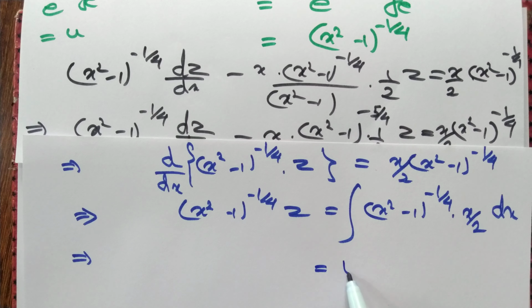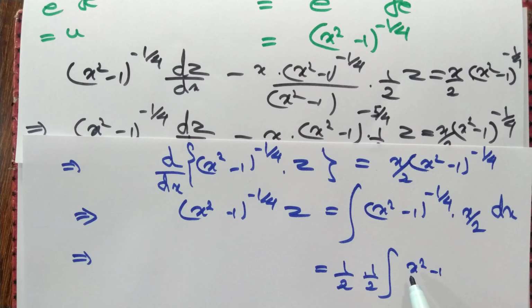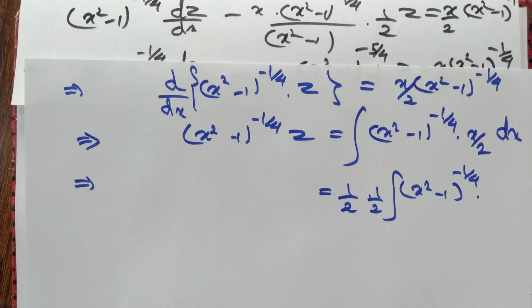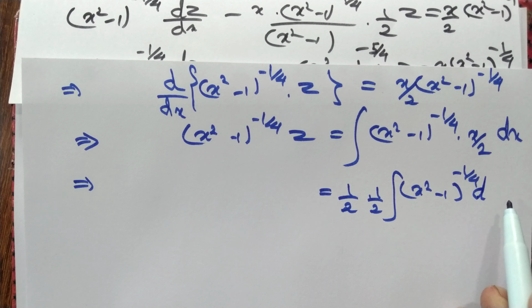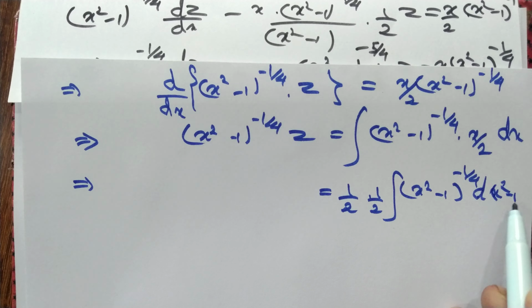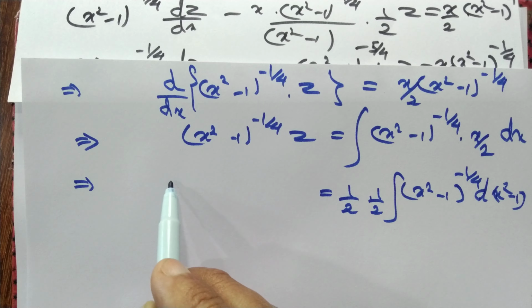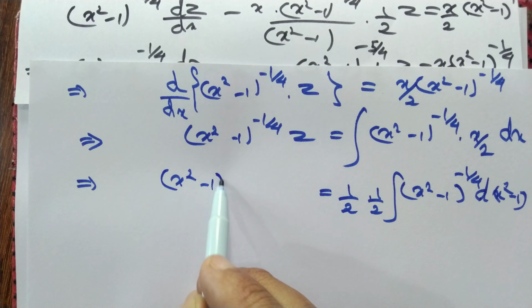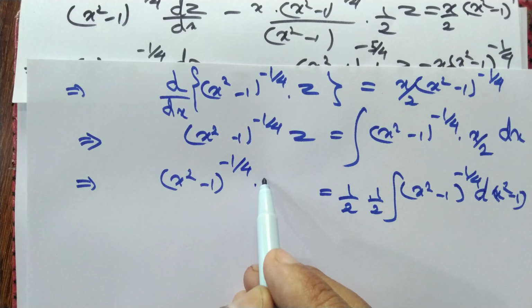So this is equal to half of, one more half, x square minus 1 to the power minus 1/4 times d of x square minus 1. Left hand side we copy as it is, x square minus 1 to the power minus 1/4 times z.